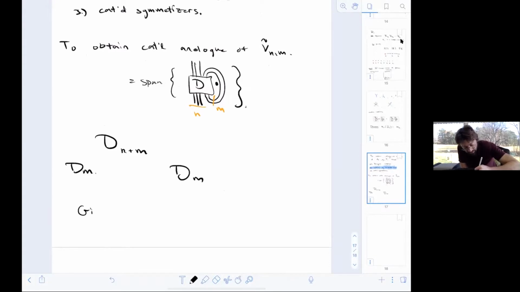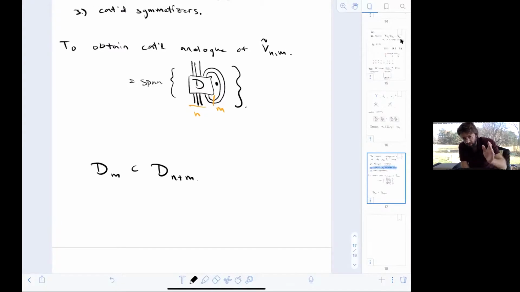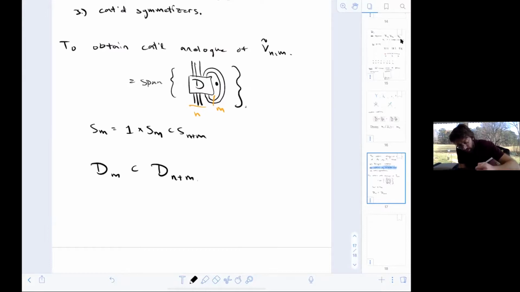So given, I'm sorry. What I want to say is that DM can be thought of as a subcategory of D N plus M, where just like in the symmetric group or the Hecke algebra, we identify it with the stabilizer of the numbers 1 up to N. And so this makes this category into a bimodule category for DM.